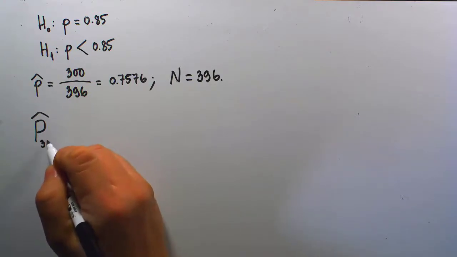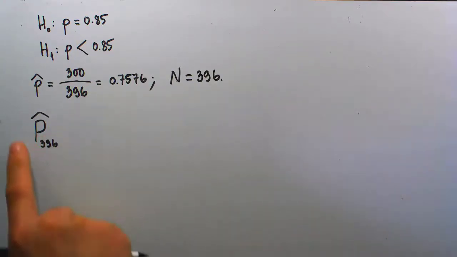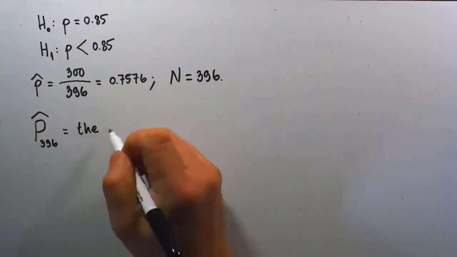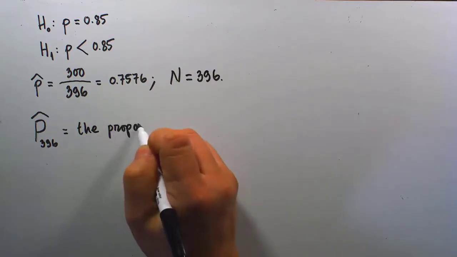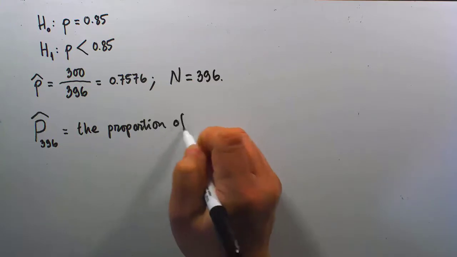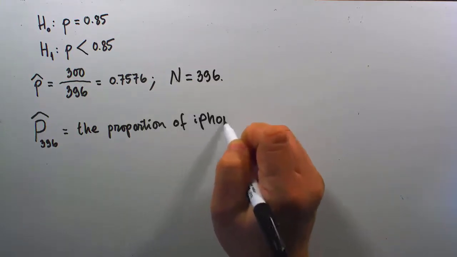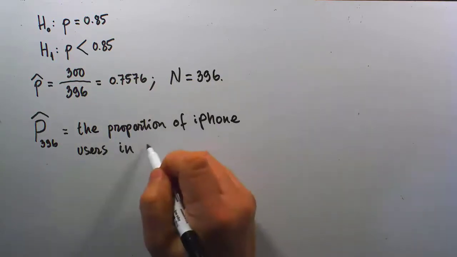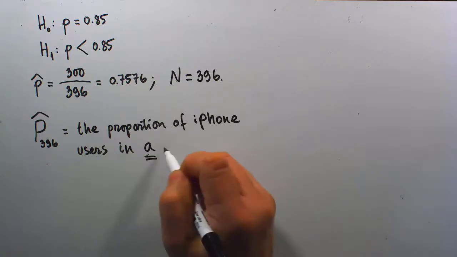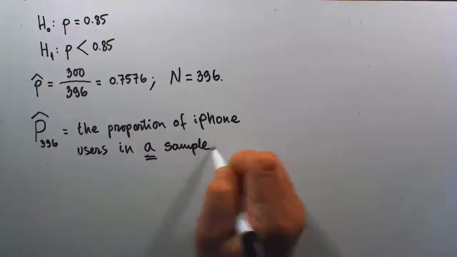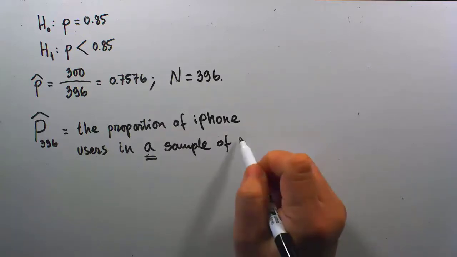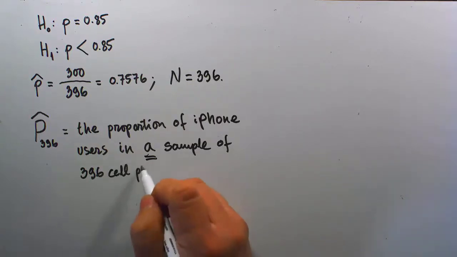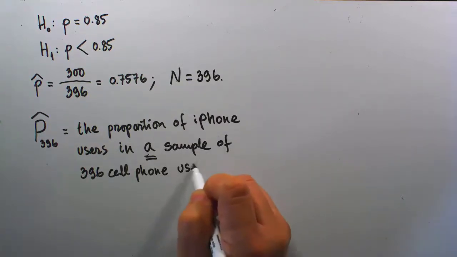Optionally, I use a subscript 396 right here to indicate that any value of this random variable is the proportion of iPhone users in any sample of 396 cell phone users.